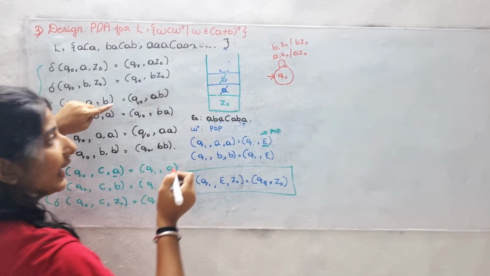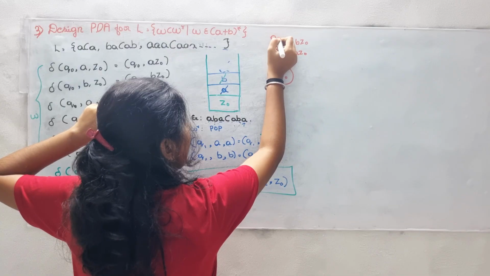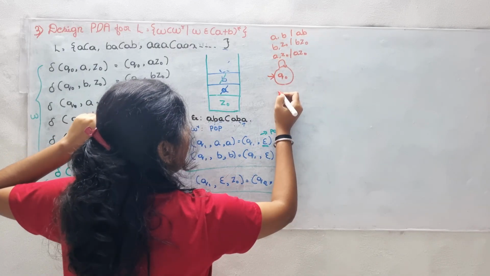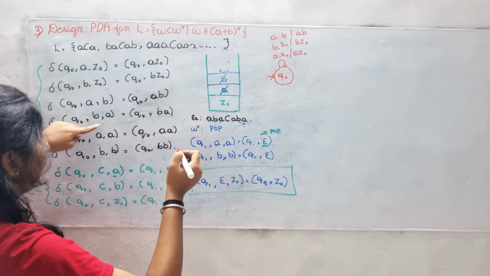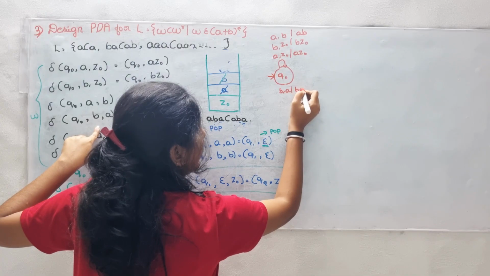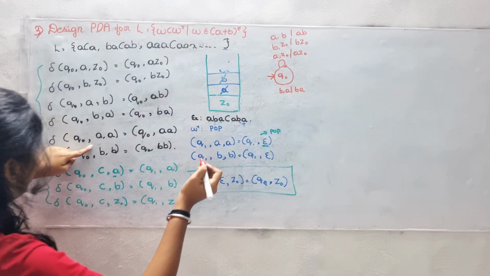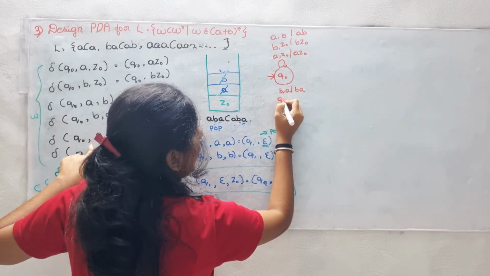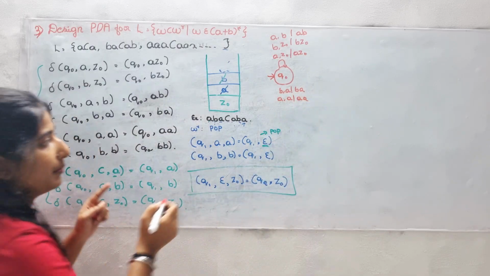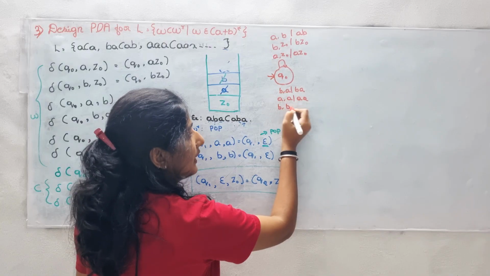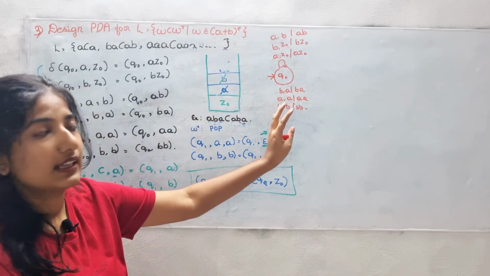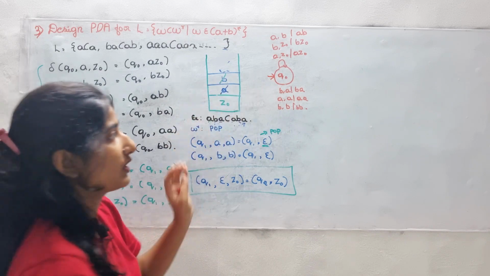And then this one, A, B, it will be AB. And then we have B, A, so it will be BA. And then A, A, it will be AA. And then B, B, it will be BB. So this is for remaining in state Q0 only.